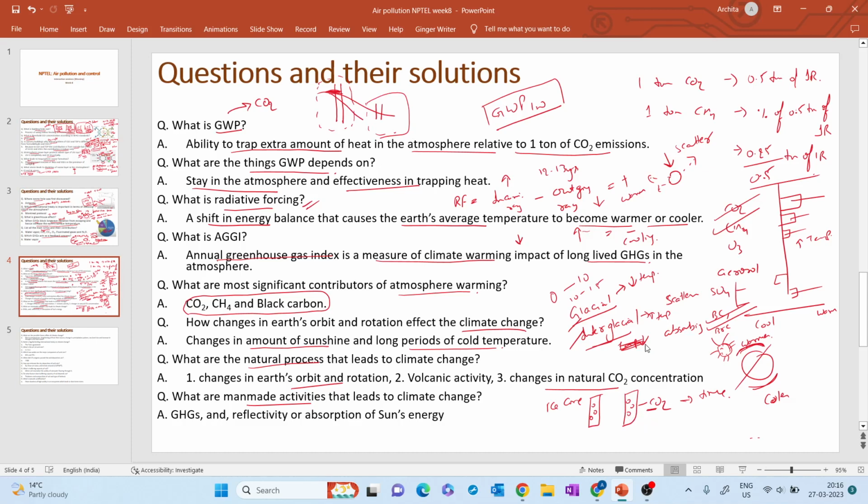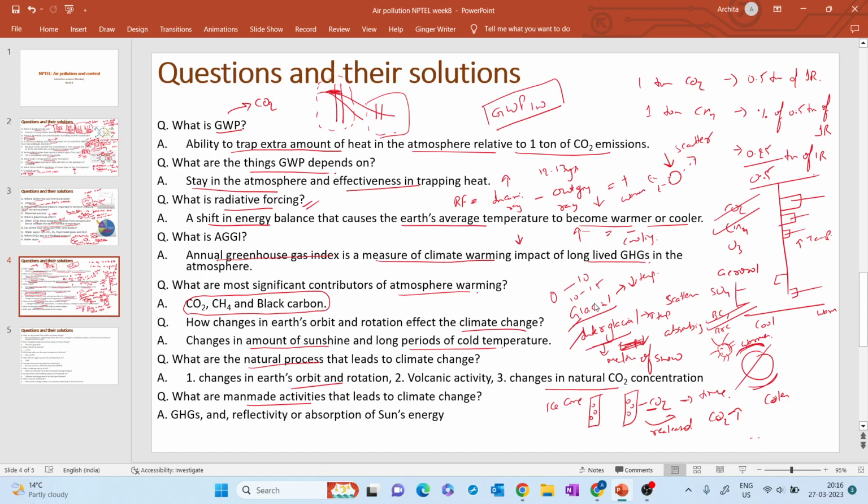So during the interglacial or high temperature time, there is melting of snow, and because of melting, the CO2 is released and its concentration in the atmosphere increases.